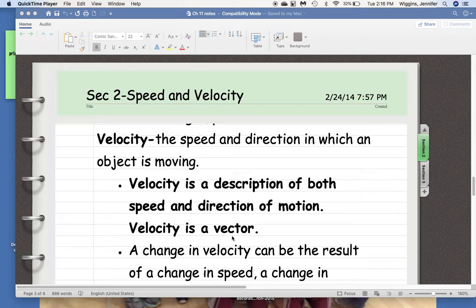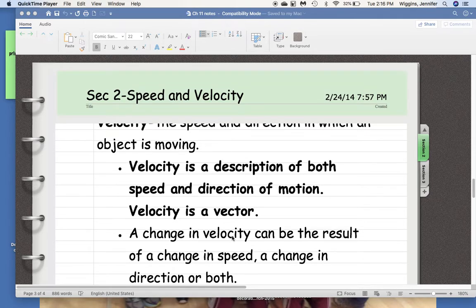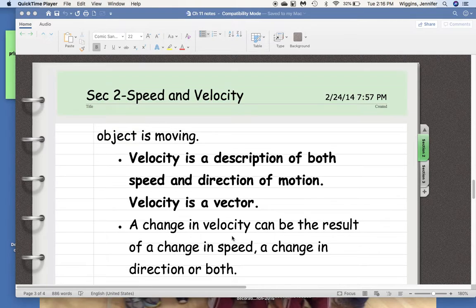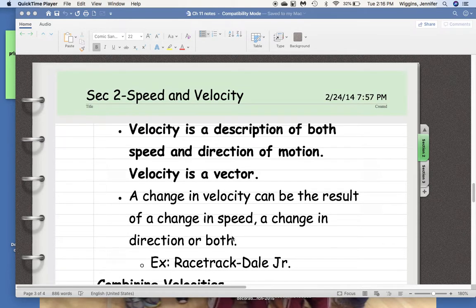Okay, so velocity is a description of both the speed and direction of the motion, and velocity is a vector because it has a magnitude, or speed, and a direction. The change in velocity can be the result of a change in speed, a change in direction, or both. The change in speed would be slowing down or speeding up. A change in direction would be going right or left.